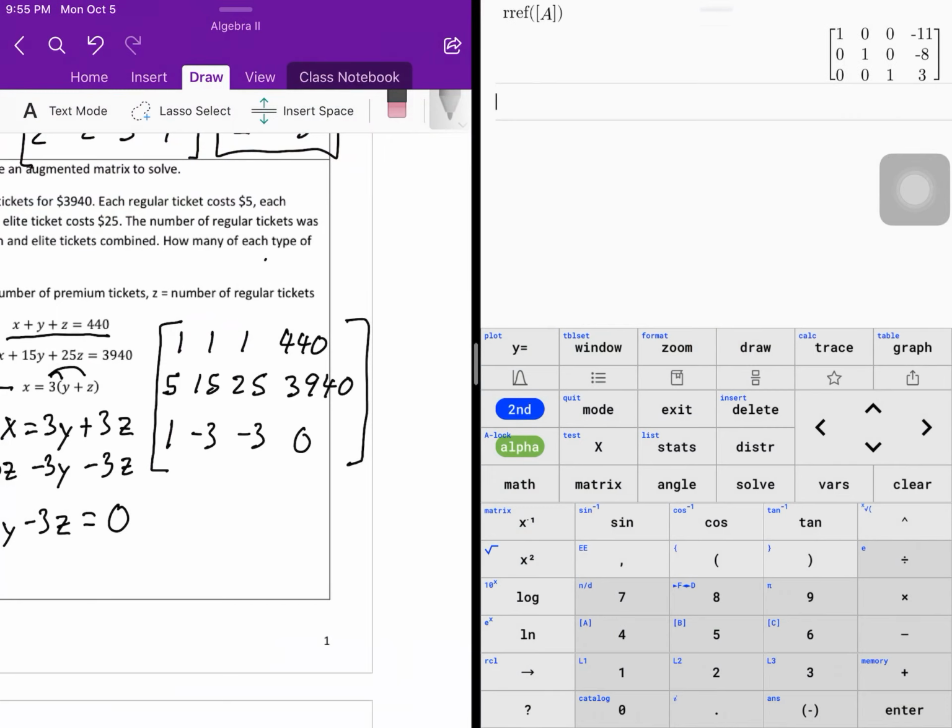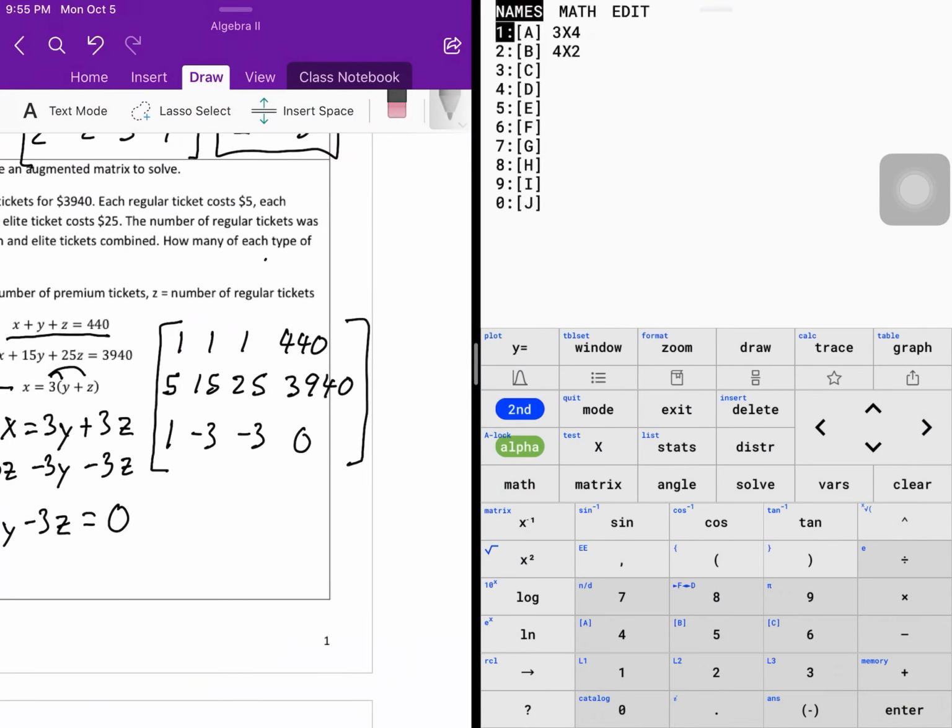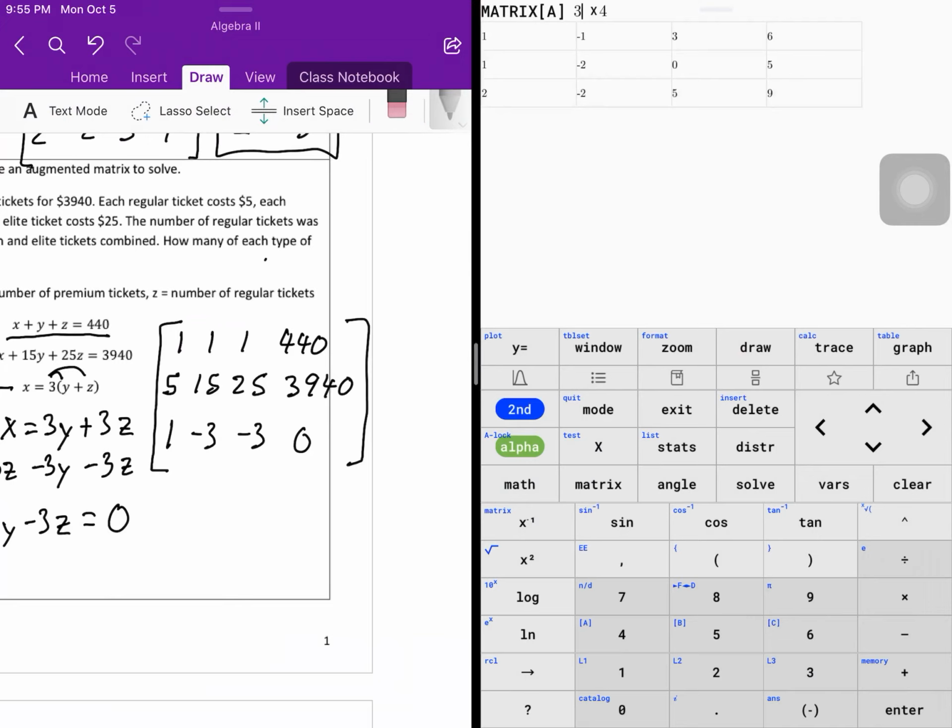And another thing, when you do the actual test, you won't have to split screen. You can just use the calculator. So go under matrix. Got all that, so we just have to edit. Like I said, very easy to mess up. Okay, so I'm pretty good with those.